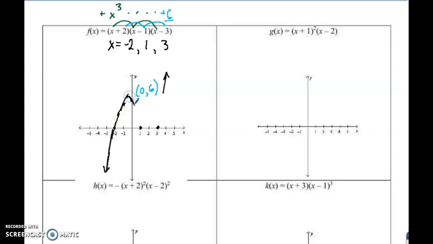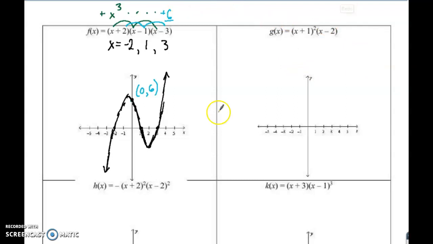I don't know if 0, 6 is a maximum, it might be, it's probably not though, but you have to connect all these dots. So finding that y-intercept could help you understand that the only way to go from -2 to 1 has to go up first to hit that point. You couldn't go down and still be continuous. If that didn't make sense, then I apologize. I wasted a little bit of time.